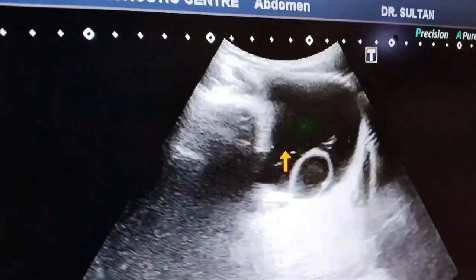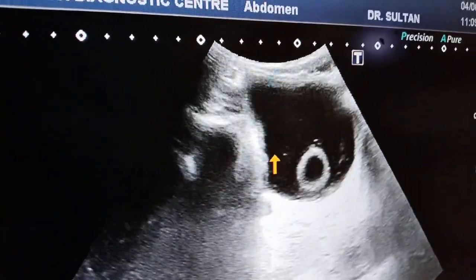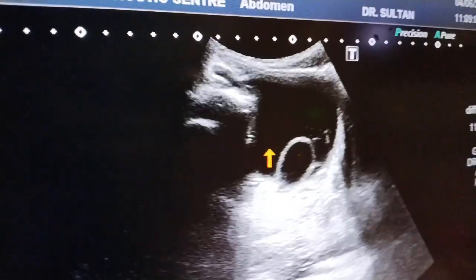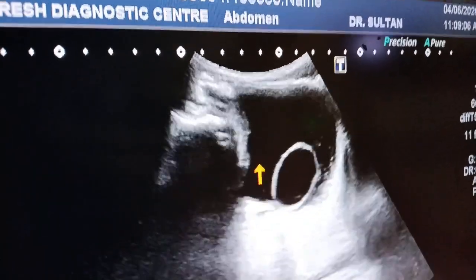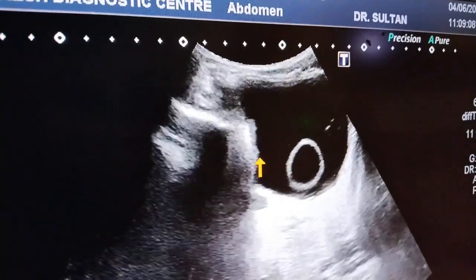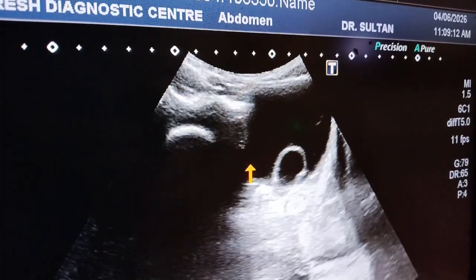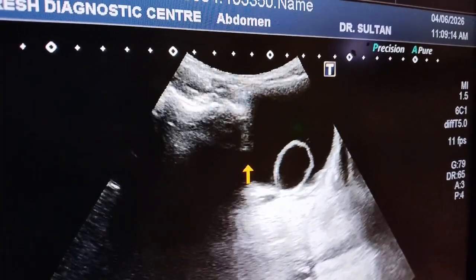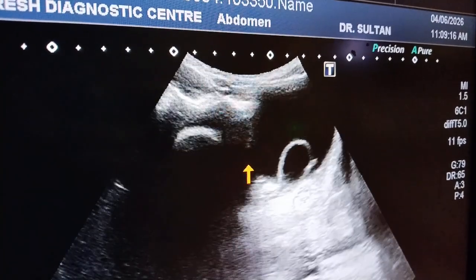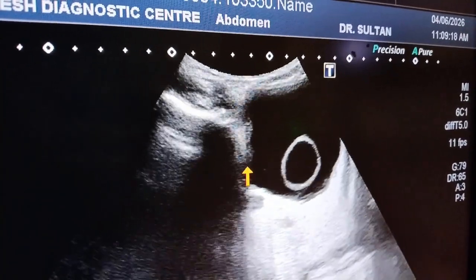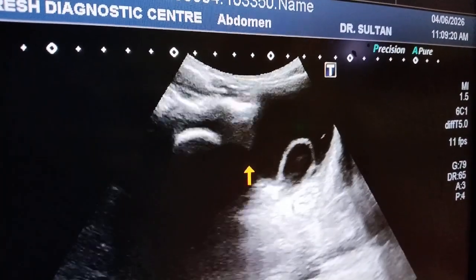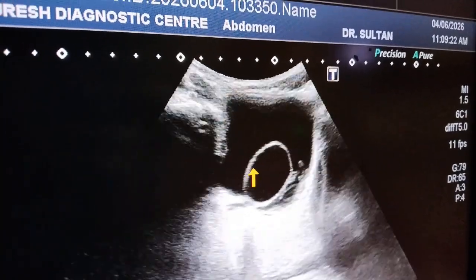So when we say that this is an intravesical ureterocele, usually this is associated with the single collecting system, while the extravesical or ectopic ureterocele is associated with the duplex collecting system.